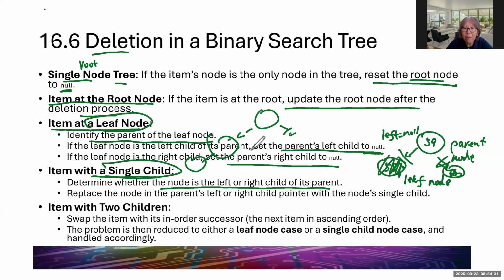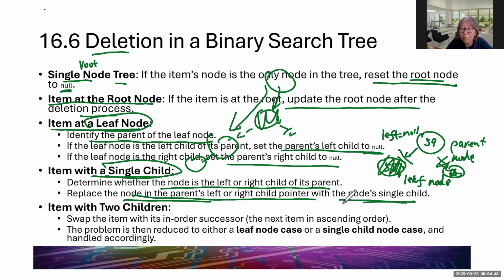Then you replace the node with its child. Noting that the node has a single child, you reconnect its parent node to the child branch. So that's the single child case.